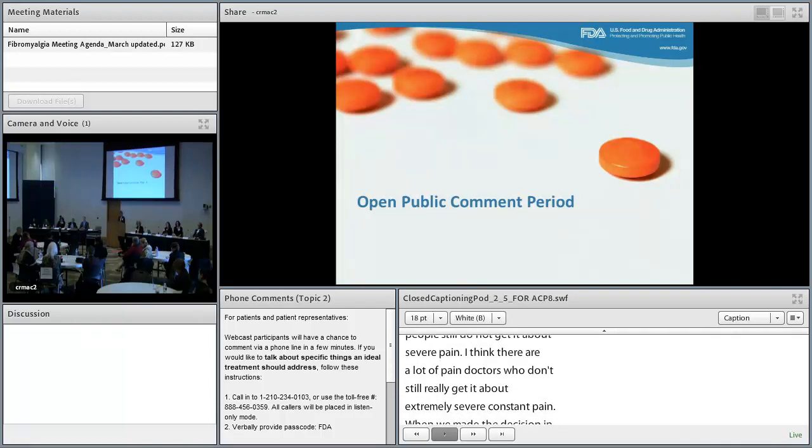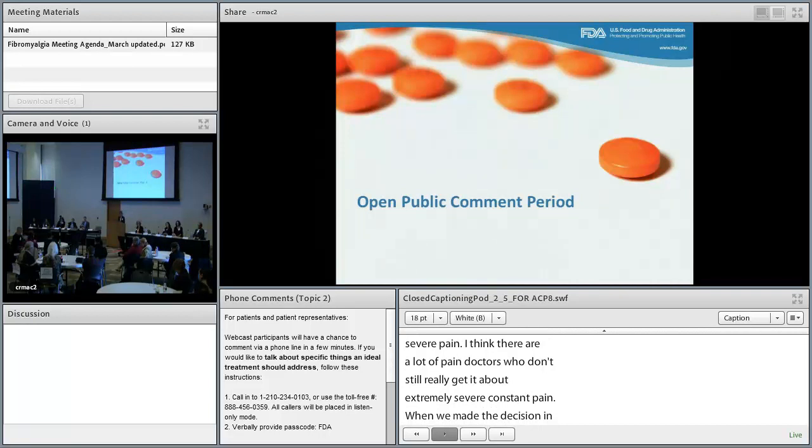When we made the decision in 2010 to pursue high-dose opioid treatment for him, it wasn't something that we approached lightly. All you have to do is read the newspaper to know that going down that path might likely produce challenges and difficulties. I was, I have to say, astonished at how helpful it was and how quickly.